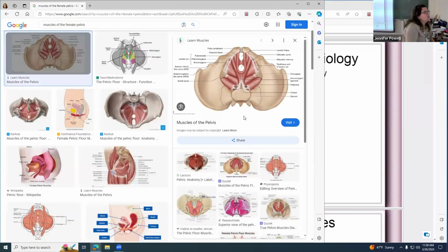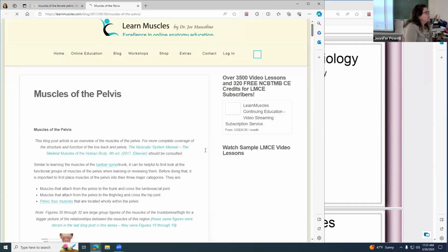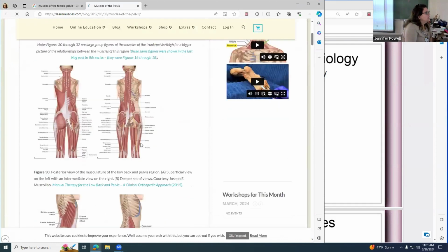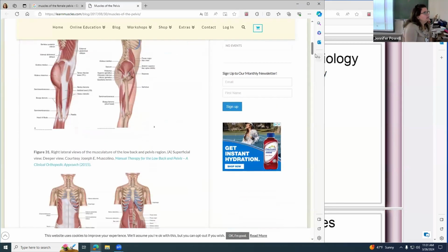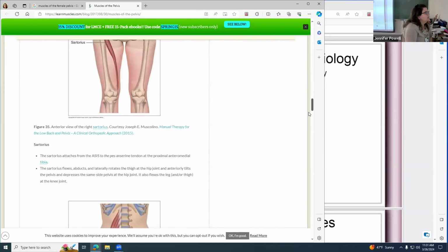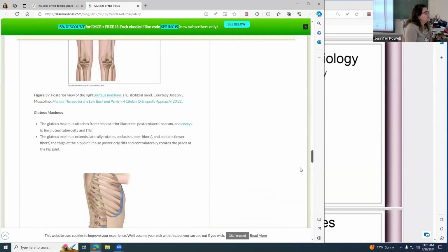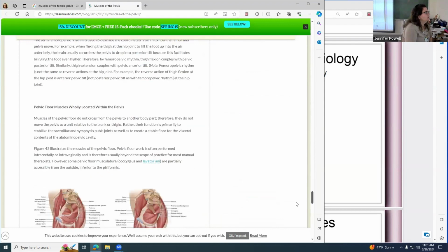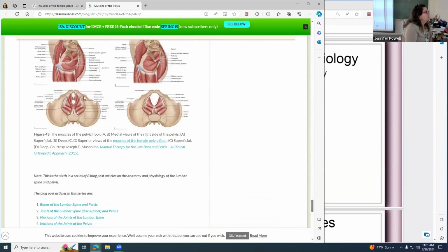So just quickly, the muscles of the female pelvis that you were making your model of way back in the beginning are, we can find them. Okay, there we go.